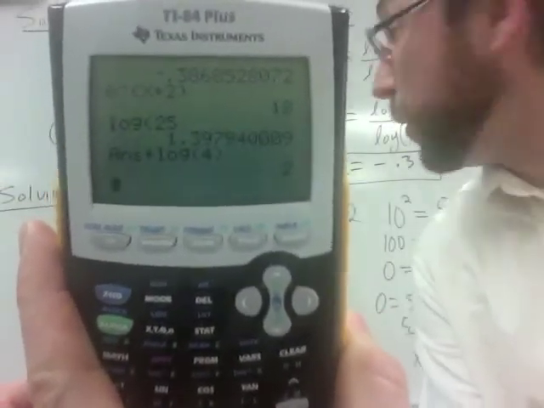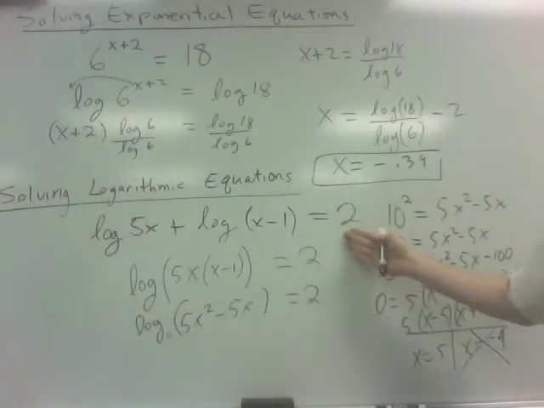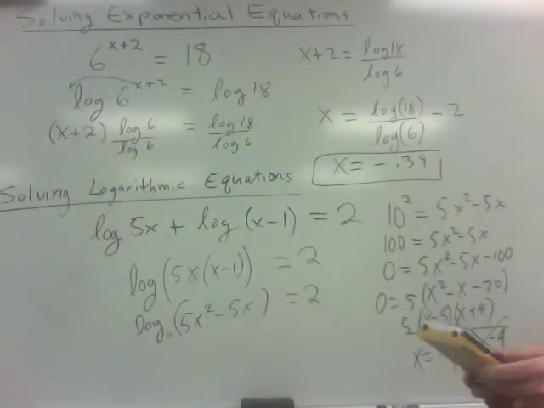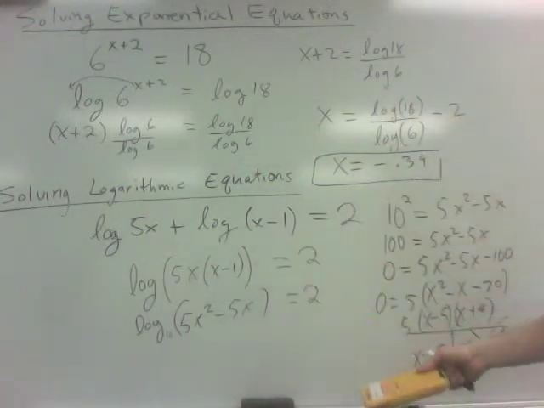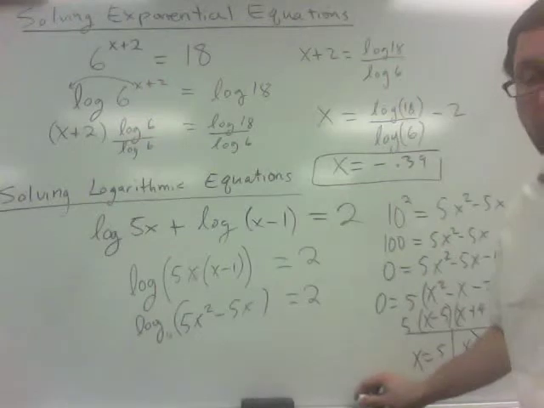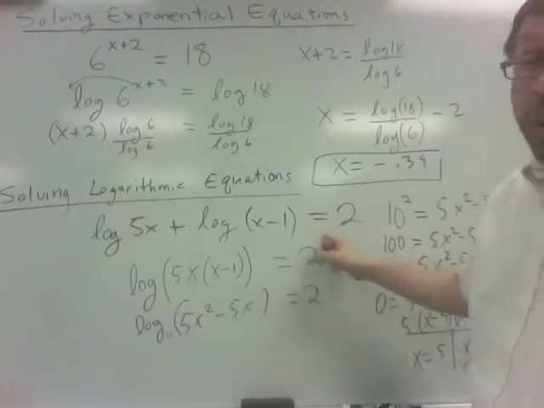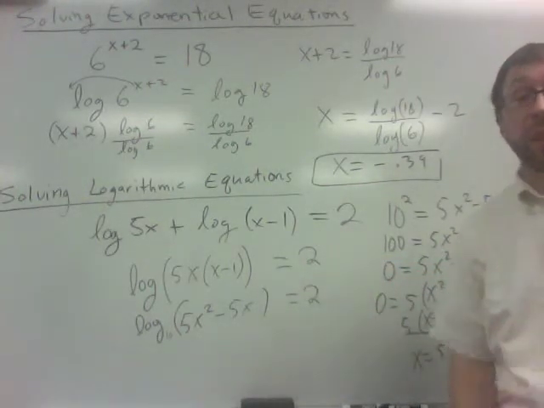Ta-da, equals 2. I know I got the answer right. So remember, when you're solving equations, regardless of what kind of equation it is, a linear equation, a quadratic equation, a trigonometric equation, an exponential equation, a logarithmic equation, any equation, you can always check the answer. With logarithmic equations, you must check the answer.